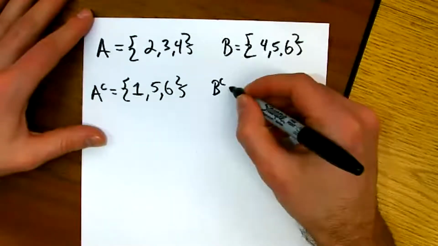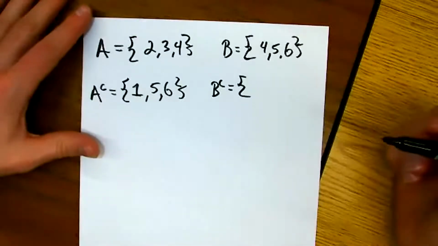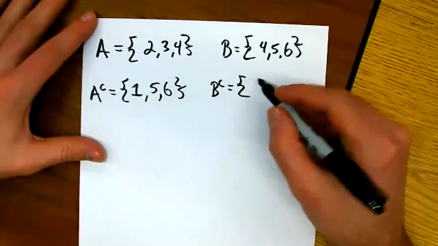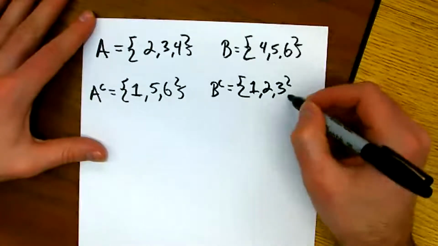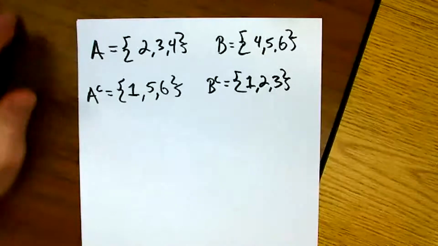What if we want a B complement? If these are the outcomes in B, B complement would just be 1, 2, and 3. So that's not too bad.